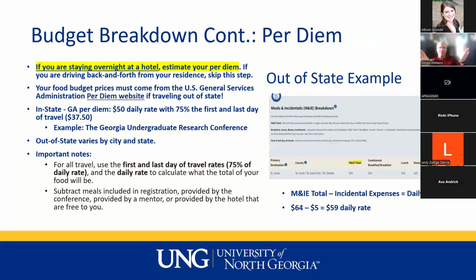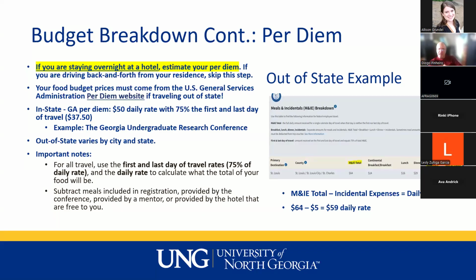Talking a little bit about the per diem, if it's within the state of Georgia, it's going to be a $50 daily rate, right? For the first and the last day, the per diem is at the 75% rate. And if it's outside of the state of Georgia, you would look at the General Services Administration website, and you would look at the per diem for the particular city that you're going to be staying in, and you would look at the daily rate.